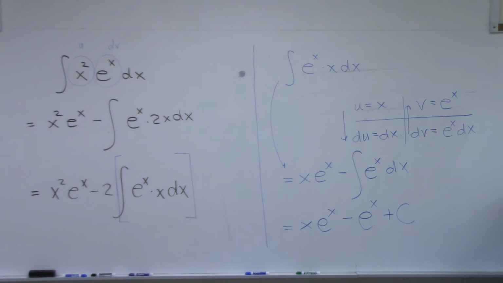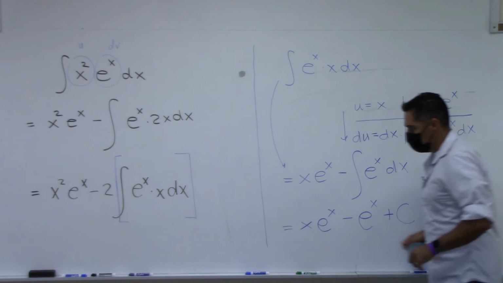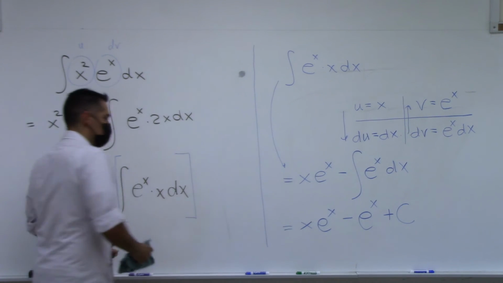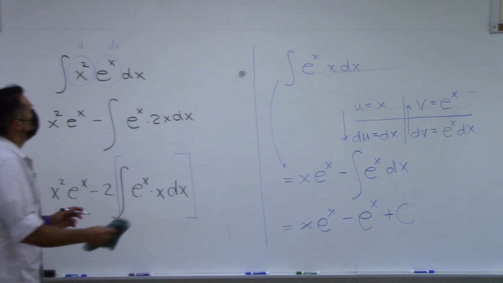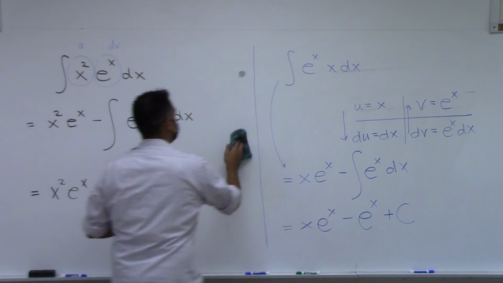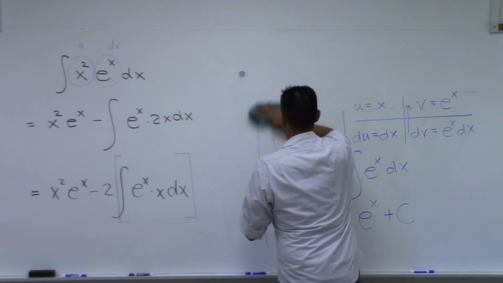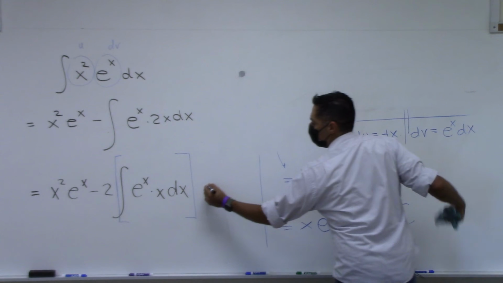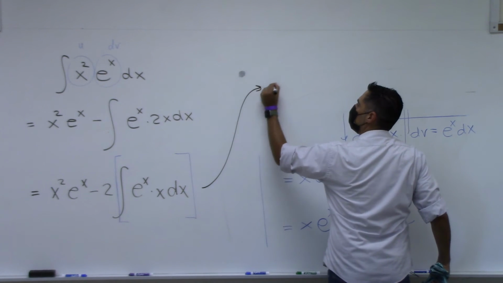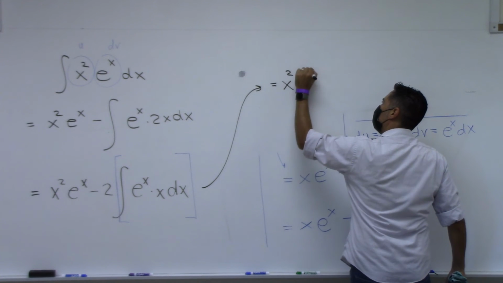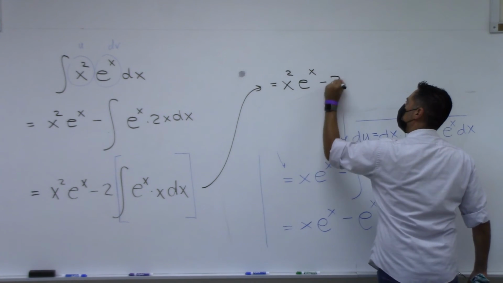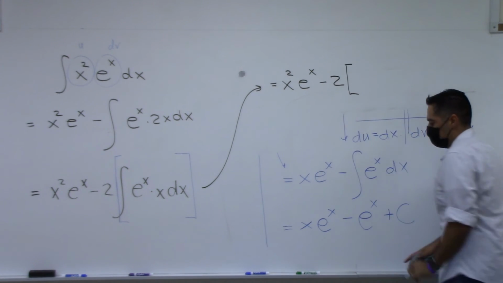Any questions? I'm almost done. Okay, so here we go. This now becomes: start with the x squared e to the x minus 2, and then I had a bracket.